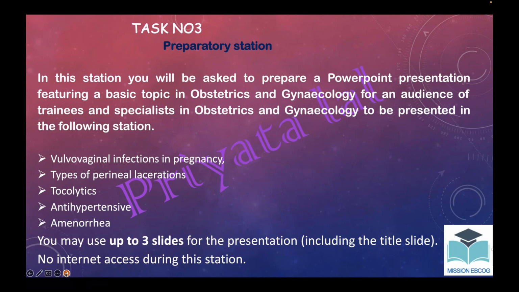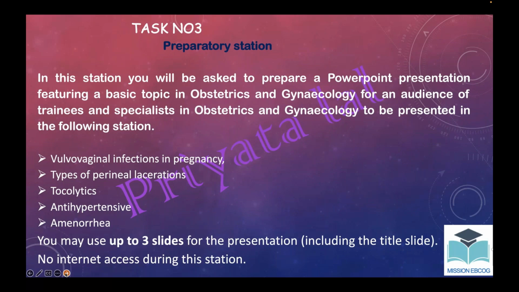The first slide will be your title slide. On the second slide you just summarize the presentation points, and the third slide you summarize the take home messages, and also say some thanks. Those people who make PowerPoint presentations on a regular basis, for them it is very easy.